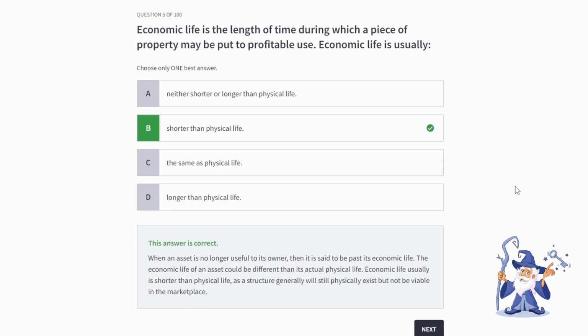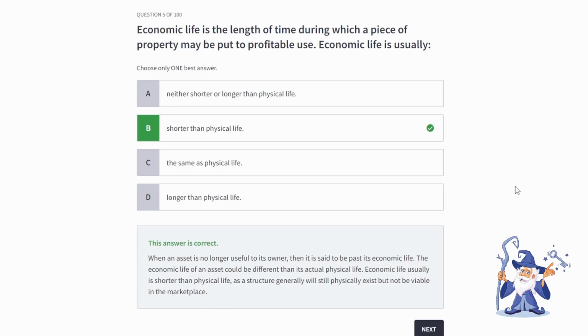However, again, economic life usually is shorter than physical life, as a structure generally will still physically exist but not be utilized in the marketplace. For example, if there is an older warehouse, and it's used to transport goods for lots of businesses.